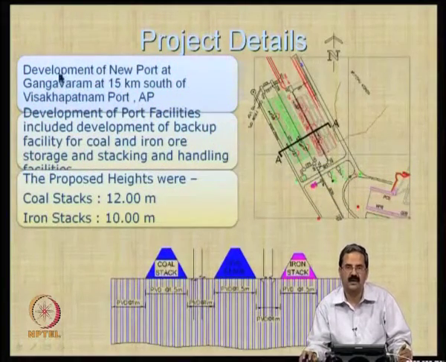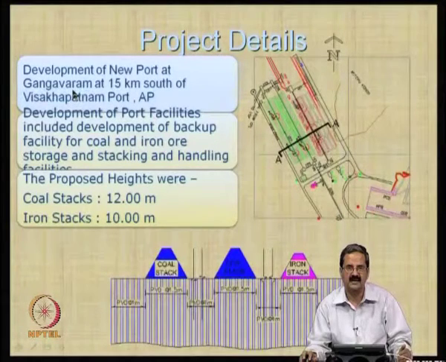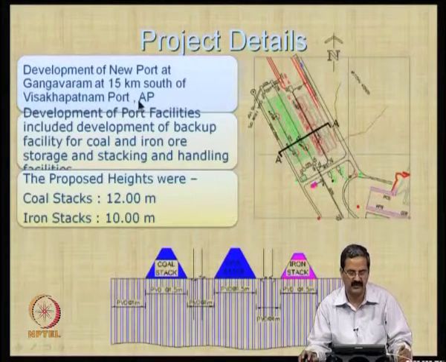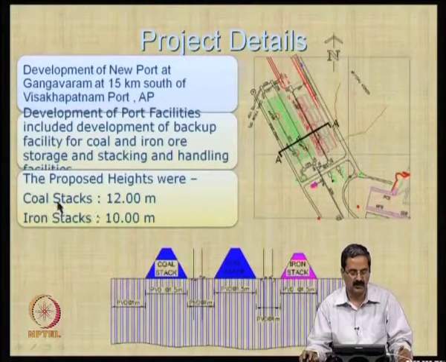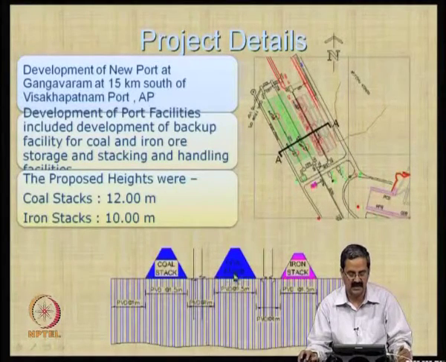It is from a port at Gangavaram, 15 kilometers south of Visakhapatnam, and the objective is to have coal stacks about 12 meters high and iron stacks of 10 meters. You can see the coal stack and iron stack.